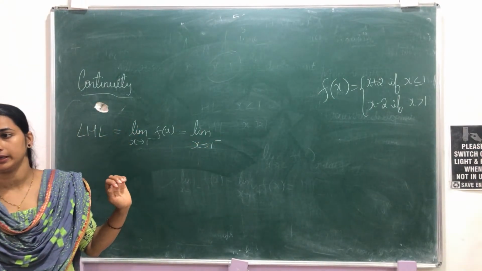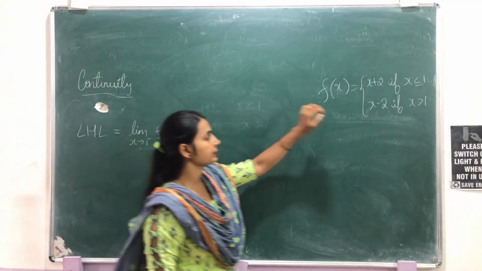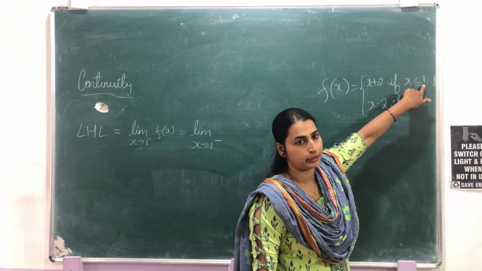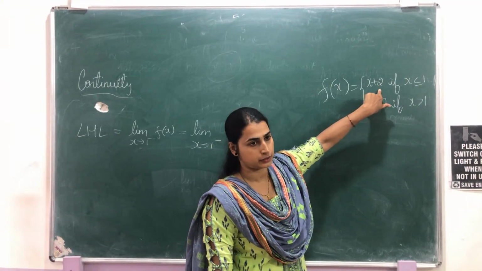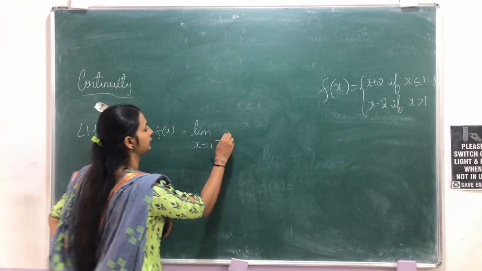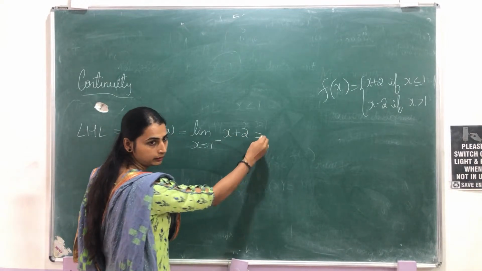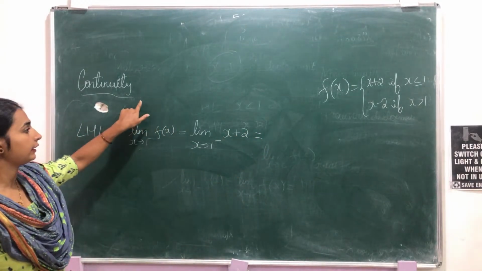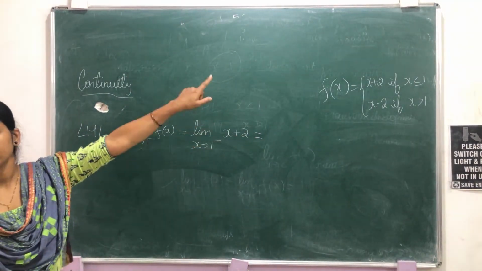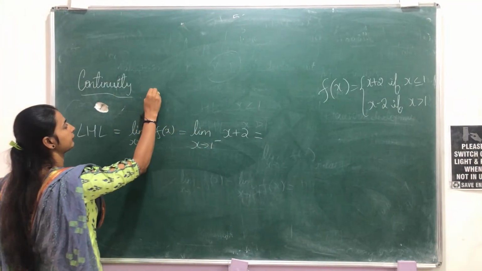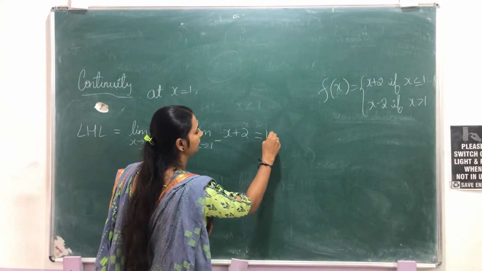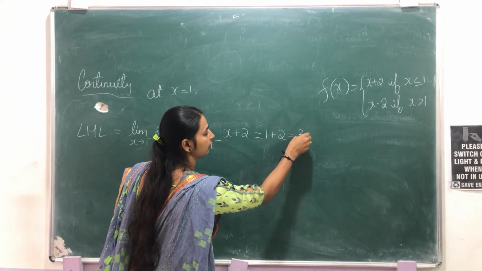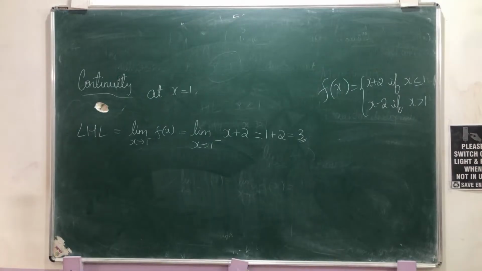See, listen carefully. 1 minus means less than 1. You need to consider. For less than 1, what is the corresponding f of x value? x plus 2. So substitute x plus 2 here. Got it? Now what is x value? Everywhere they have given 1. So it is at x equal to 1. What is x value? 1 plus 2. What is 1 plus 2? 3. This is left hand limit.